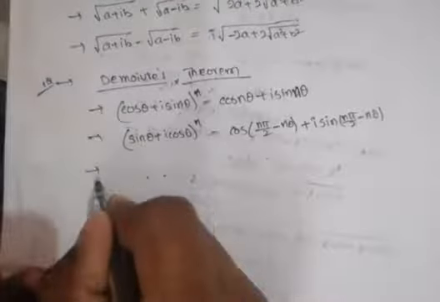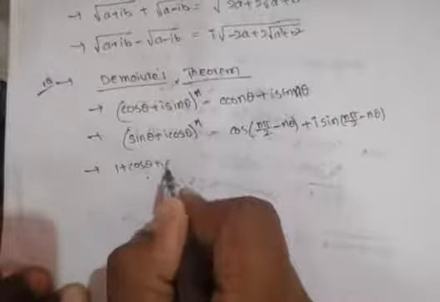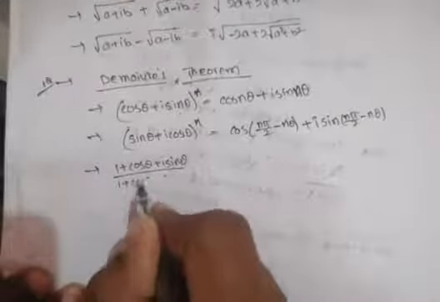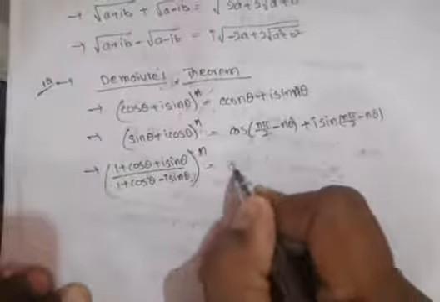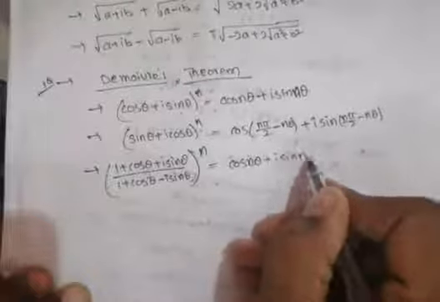We are shifting with the 90 quantity. Next, (1 plus cos theta plus I sin theta) by (1 plus cos theta minus I sin theta) whole power n is equal to cos n theta plus I sin n theta.